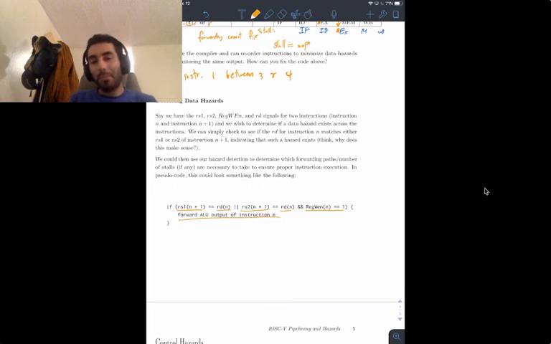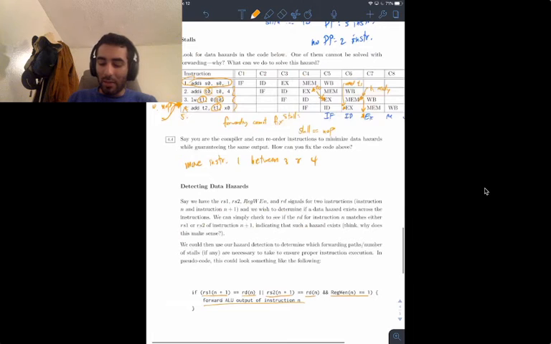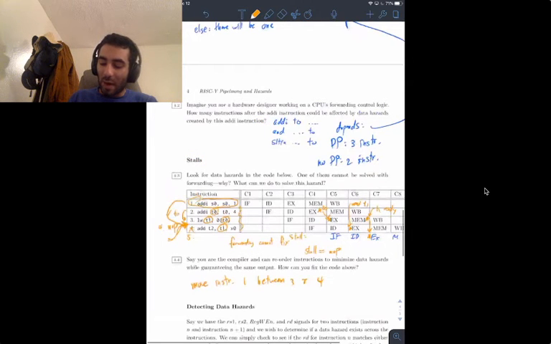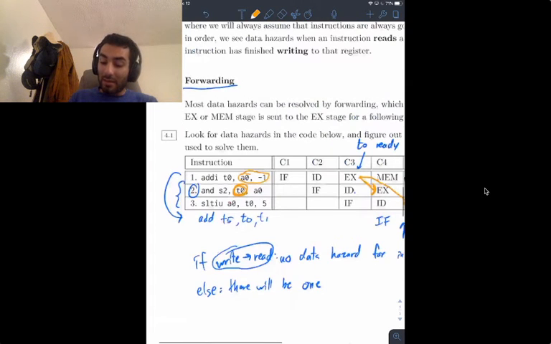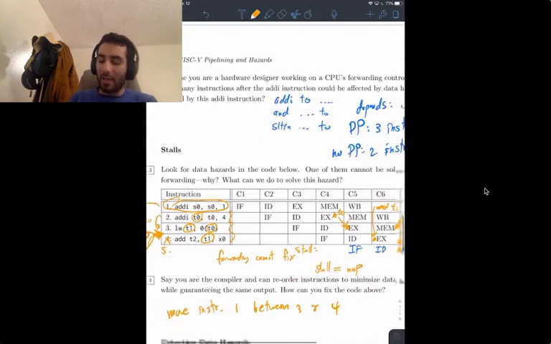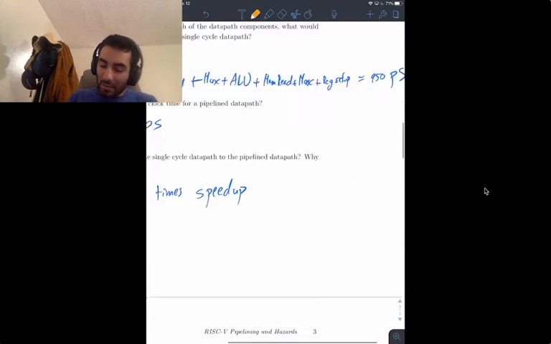Pretty straightforward. You saw that here. This instruction is writing to T0, and in the next one I'm simply reading from the same register. That's a data hazard. Same thing here. I'm reading from this one, data hazard. So that's where some of the logic that would get implemented here would be.